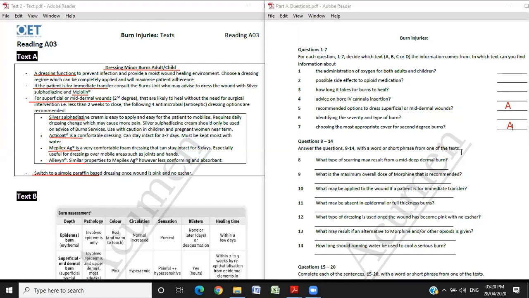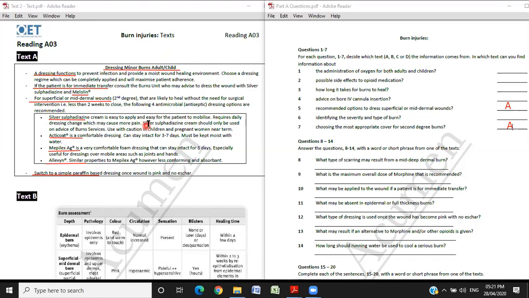Now see, the benefit of going with this approach is that while answering 1 to 7, I get to know the whole text really well without having to read the whole text. I haven't read every single word. Still, I know probably what information would be covered here. And you will have to logically think: if the heading says dressing minor burns, that means this entire text talks about the treatment.